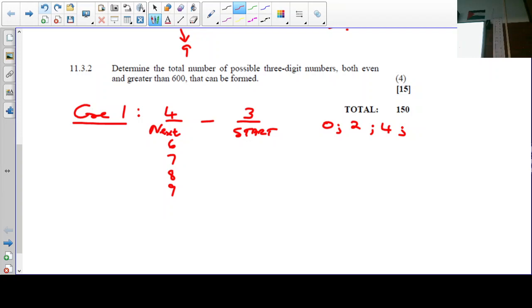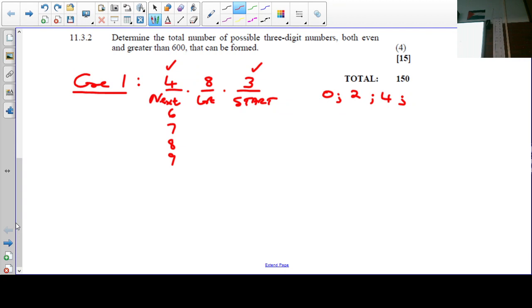Since I've got 10 digits to choose from, I've counted for one there and for another, so it gives me 8 left to choose from for the middle number. So that's case 1: we got 4 times 8 times 3 such combinations.